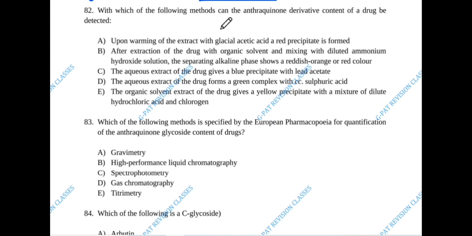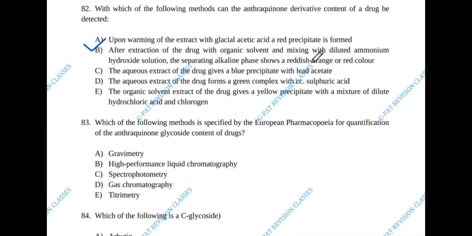With which of the following method can the anthraquinone derivative content of the drug be detected? The answer is B. After extraction and mixing with diluted ammonium hydroxide solution, the separated alkaline phase shows a reddish orange or red color.